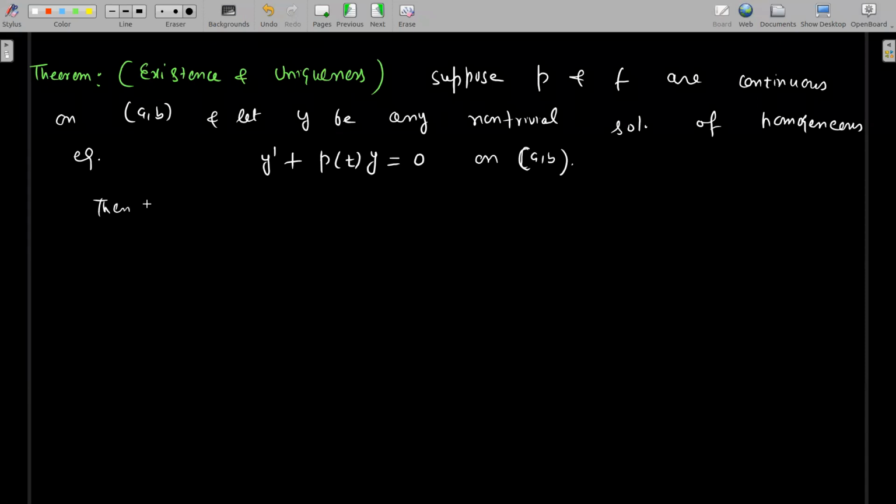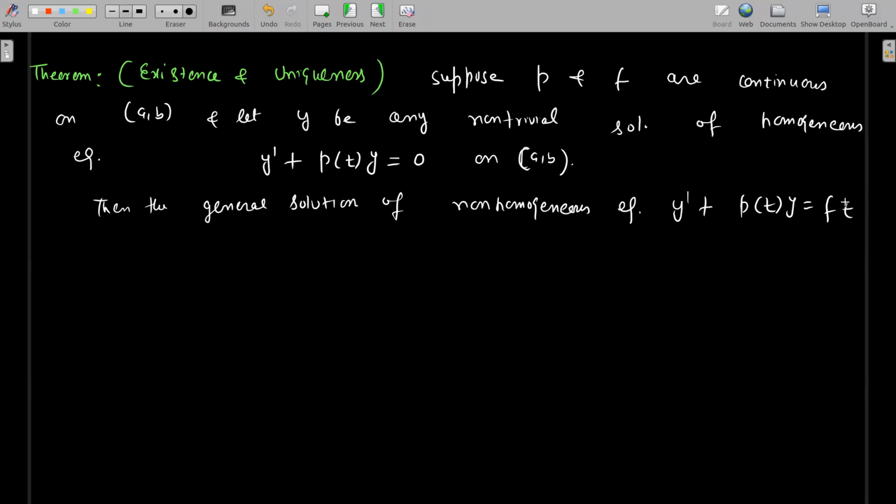Then the general solution of the non-homogeneous equation y prime plus py equals to f is y equals to, let us say, to avoid any confusion, let y1 be a non-trivial solution of the homogeneous equation.